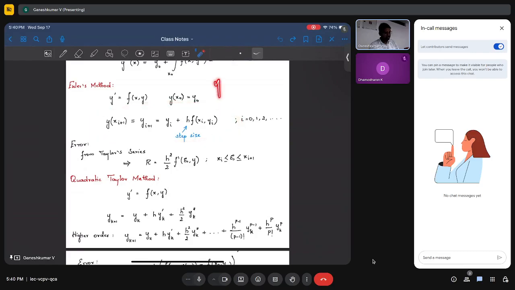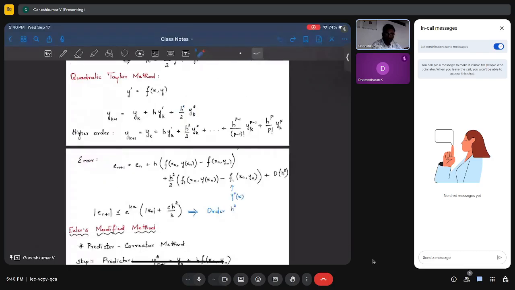Your y(i+1) is nothing but your y(i) plus step size times function of x(i) and y(i). Okay, so from the Taylor series we can say this is lower order accurate. So we go with the higher order accurate methods.